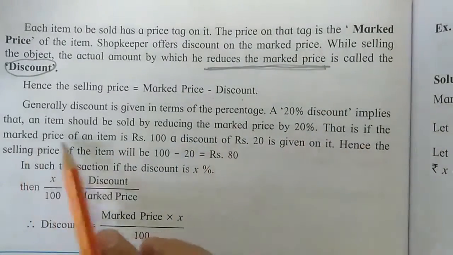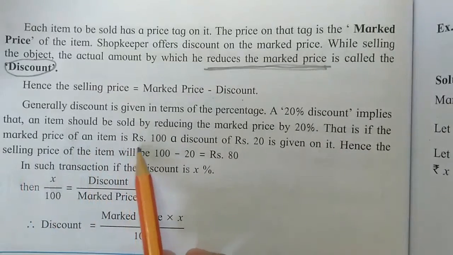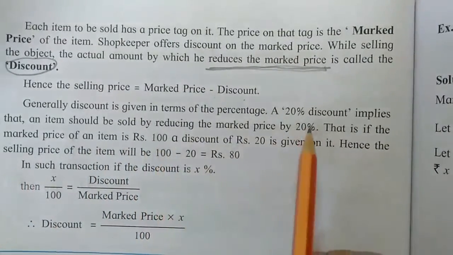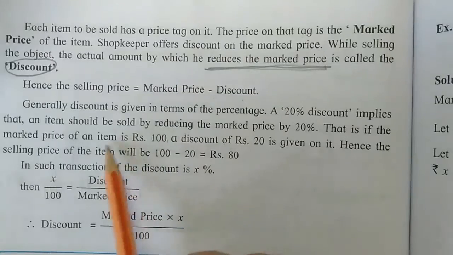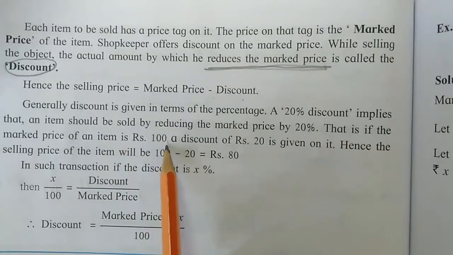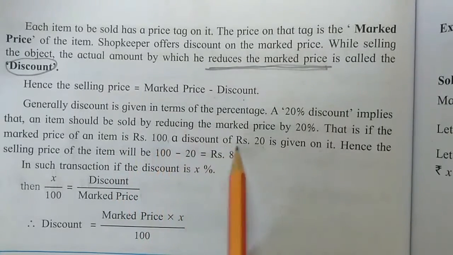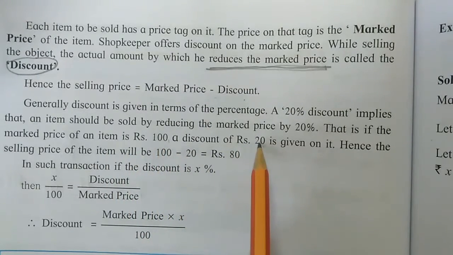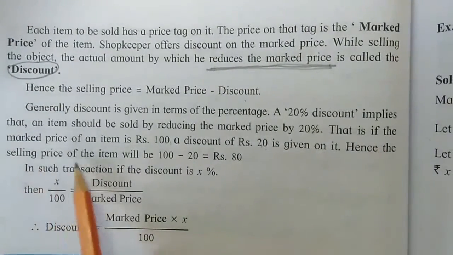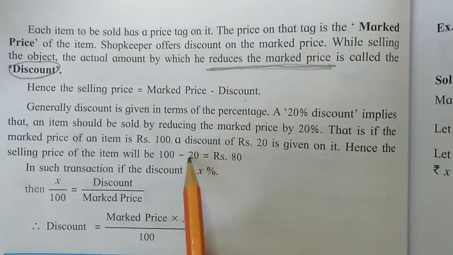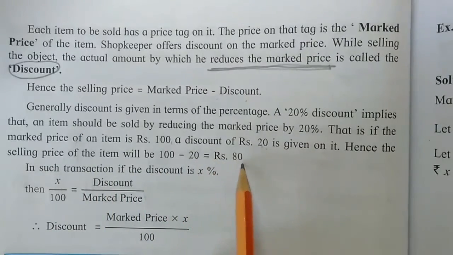If the mark price of an item is 100, because percent is related to 100, the discount is 20 rupees. Means for every 100 the discount is 20 rupees. So the selling price of the item will be 100 minus 20 equals 80 rupees.